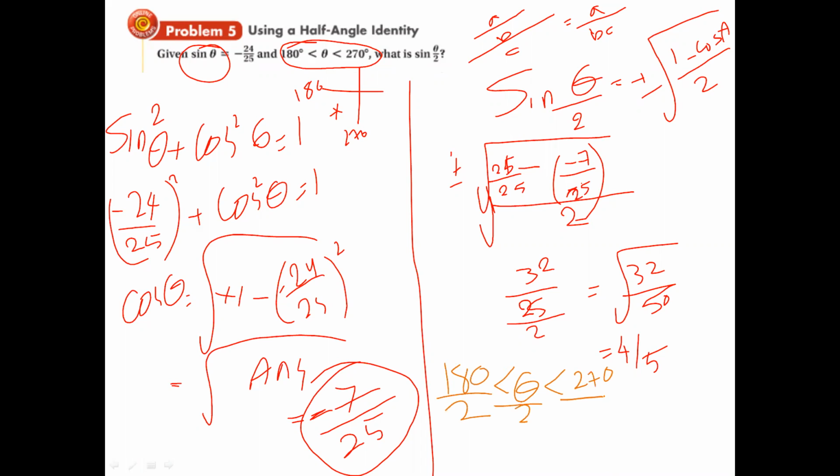It will be divided by 2. So the range of theta over 2 is between 90 and 135. Now, 90 and 135 are in which quadrant? It is in quadrant 2. And in quadrant 2, the sign is positive or negative? It is positive. That's why I choose only positive 4 over 5.